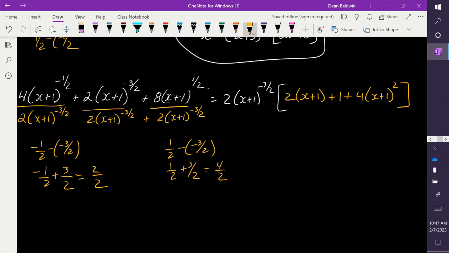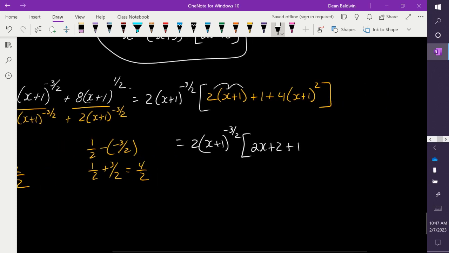Are we done? You can clean all that up. So you can dump the 2 in. Plus 1. (x plus 1) squared, I have to expand, with the 4 on the outside.